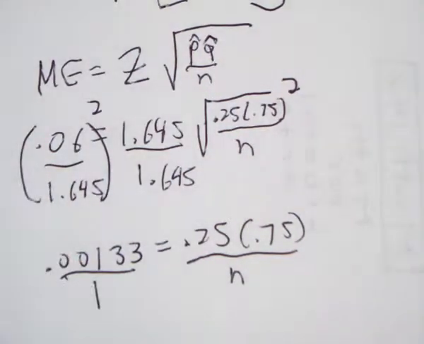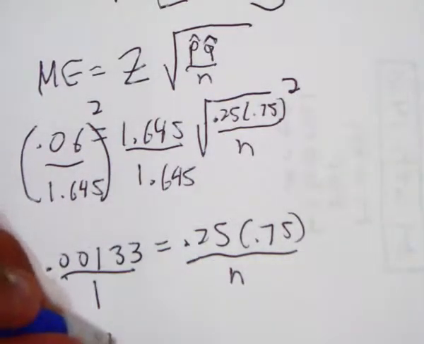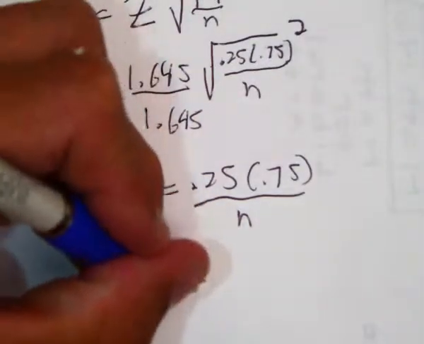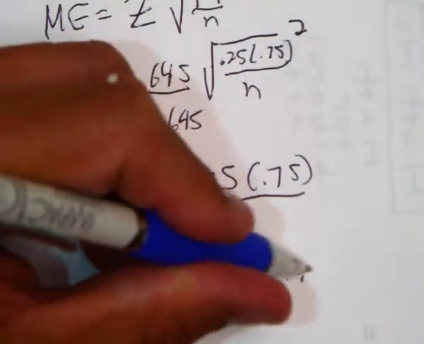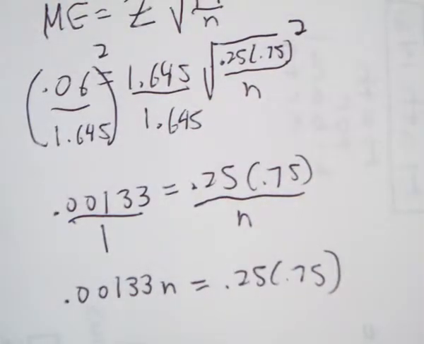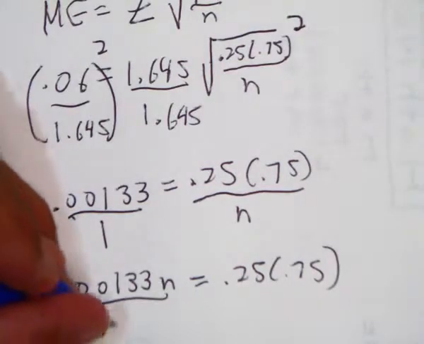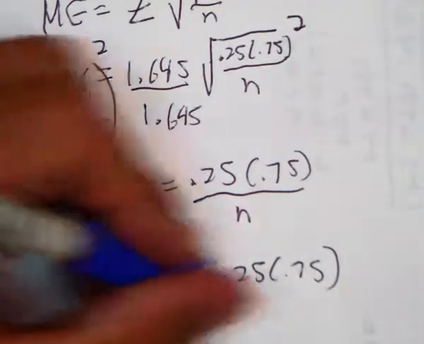And at this point I make a proportion. I'm going to cross multiply, and then I'm really going to wind up dividing this over here by 0.00133.